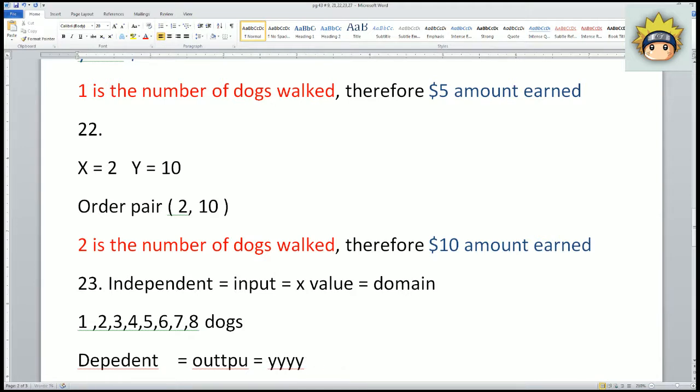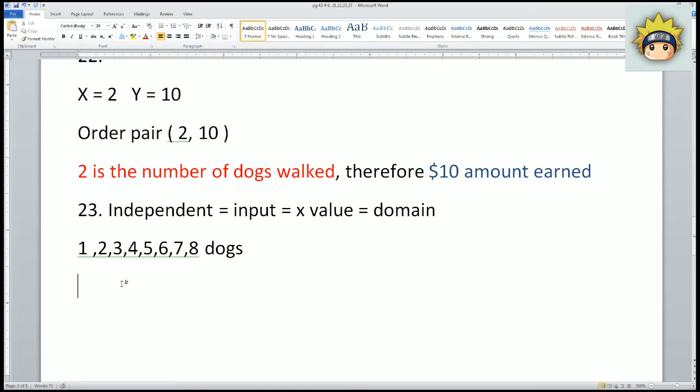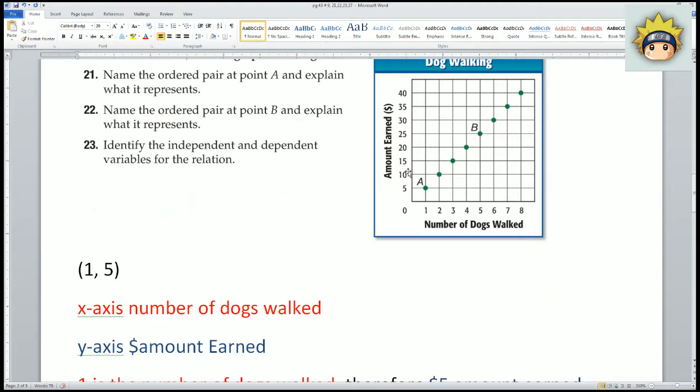Dependent, which is also called your output. Which is also called your y value, which is also called your range. In this case that is $5, $10, 15, 20, 25, 30, 35, 40.